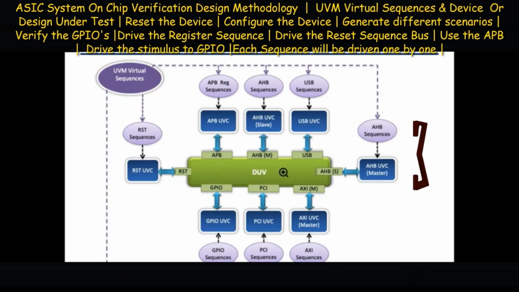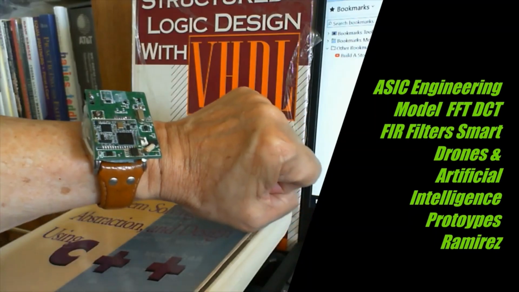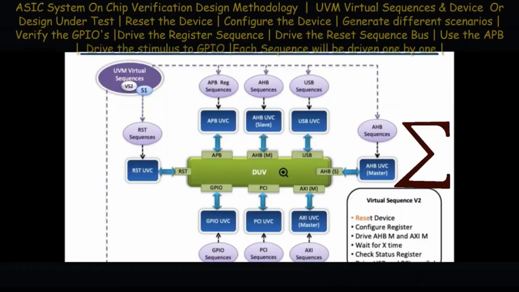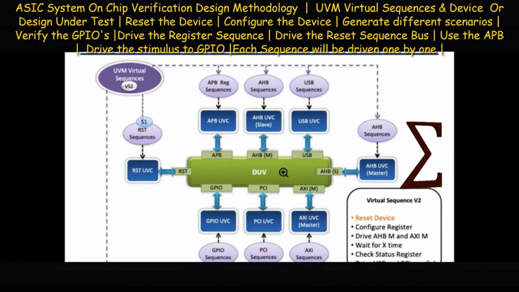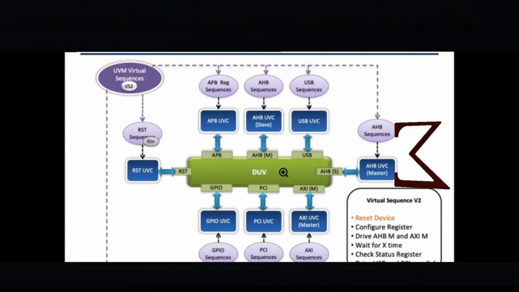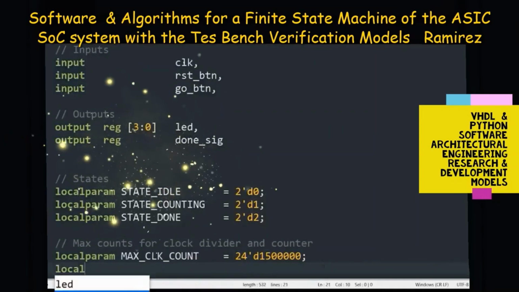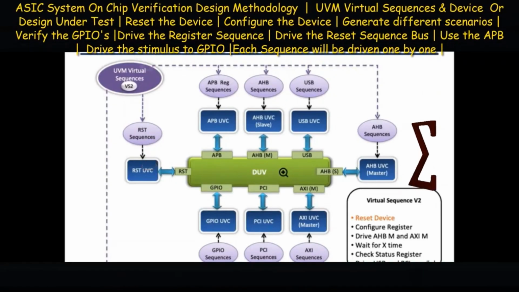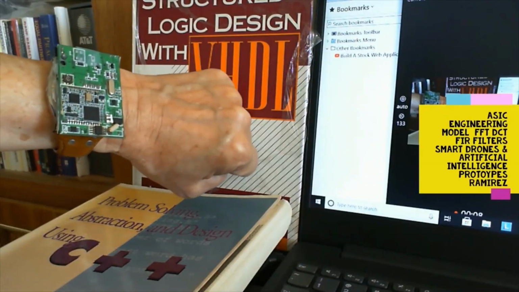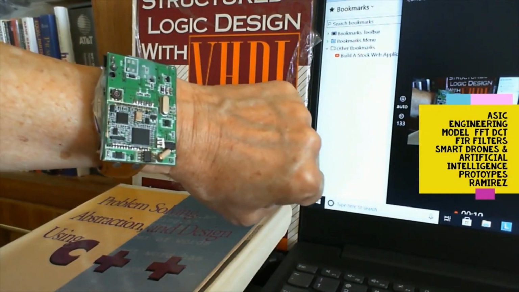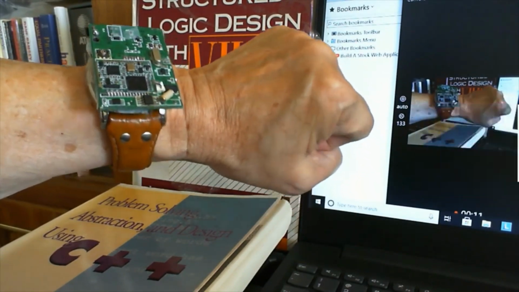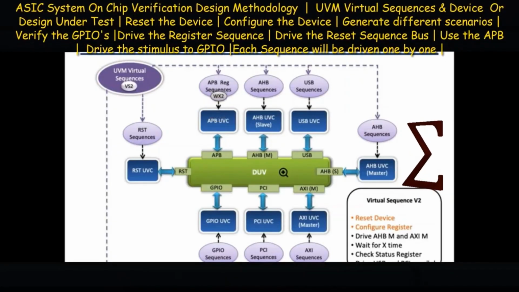The device under test consists of all the above, with an AHB master and slave. The test bench and the stimulus for all sequences are also included. The transactions are driven by several UVM sequencers, which drive the SoC stimulus.